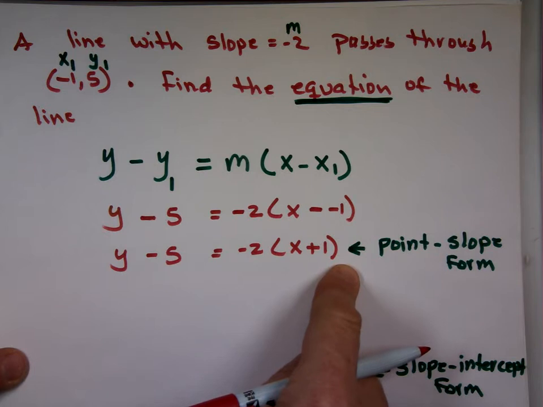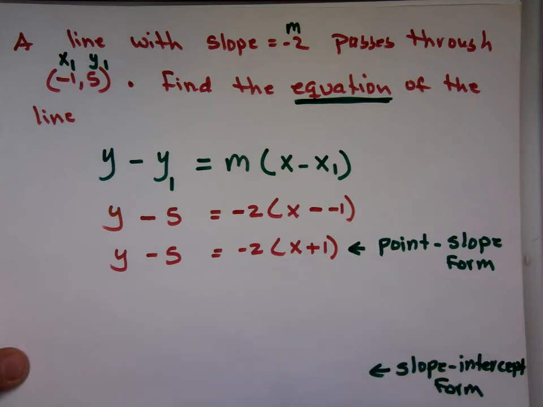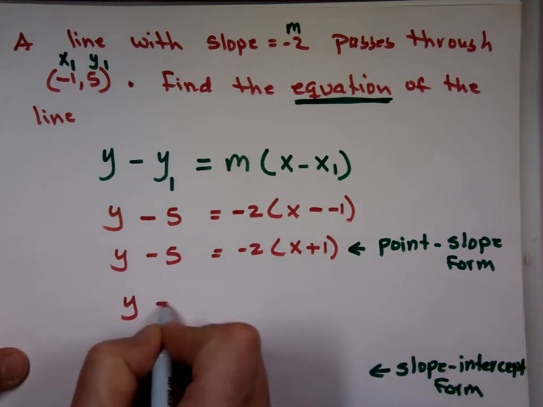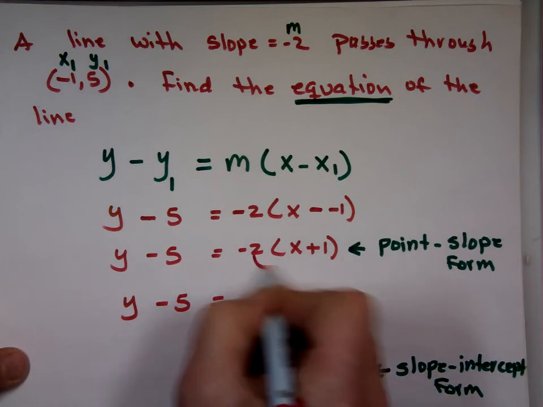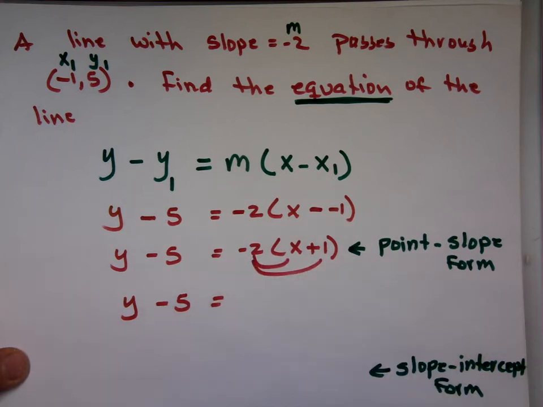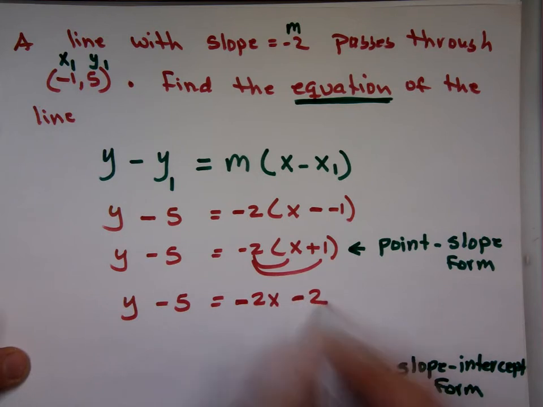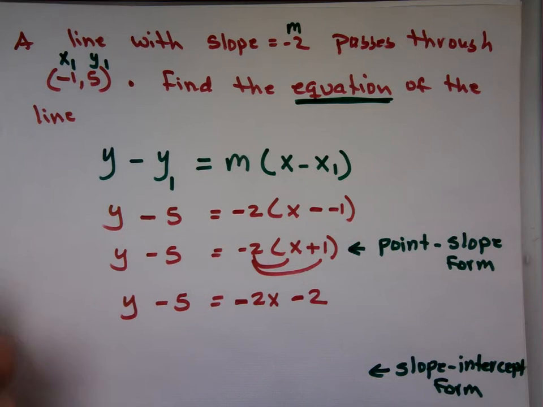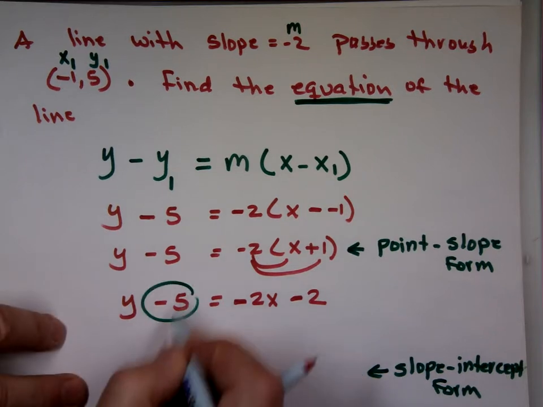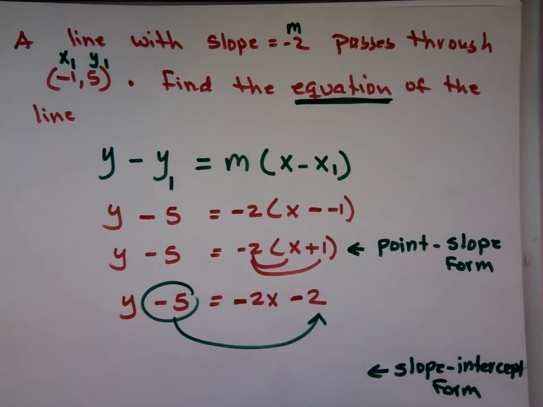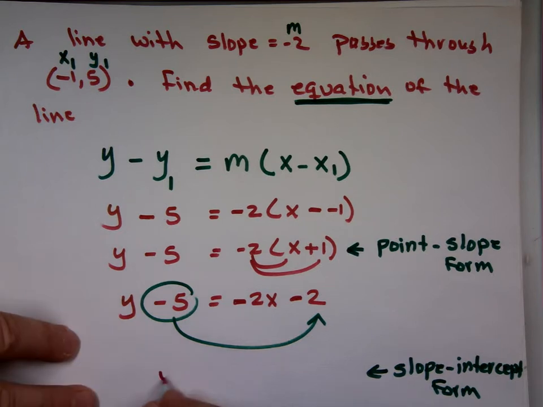How do we change it? We're going to distribute that. That's -2x minus the 2. Can you move the -5 there? When you change side, you change sign, that becomes what? Positive what? What's the final answer?